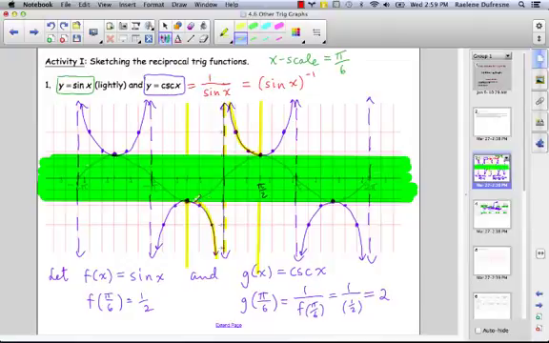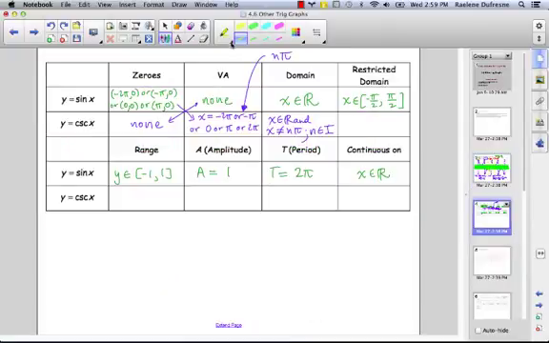So our restricted domain for cosecant x goes from negative pi by 2 to 0, or 0 to pi by 2. This is the portion of the original domain on which the cosecant x graph is 1 to 1, and it will help us to draw the graph of the inverse cosecant x function. So we have x is contained from negative pi by 2 to 0, excluding 0, union 0 to pi by 2, including pi by 2.